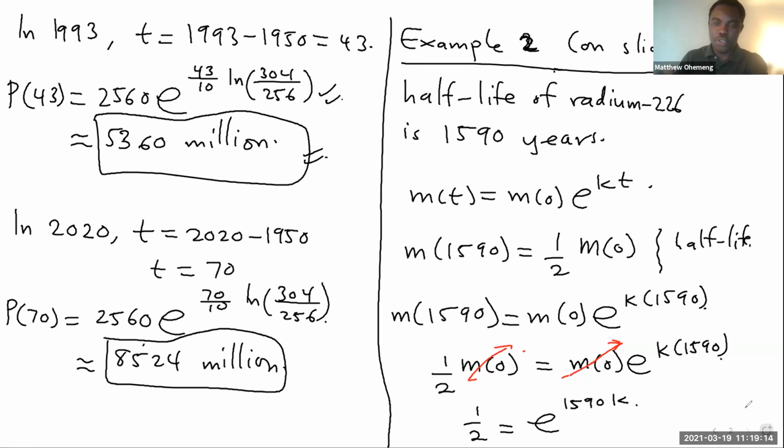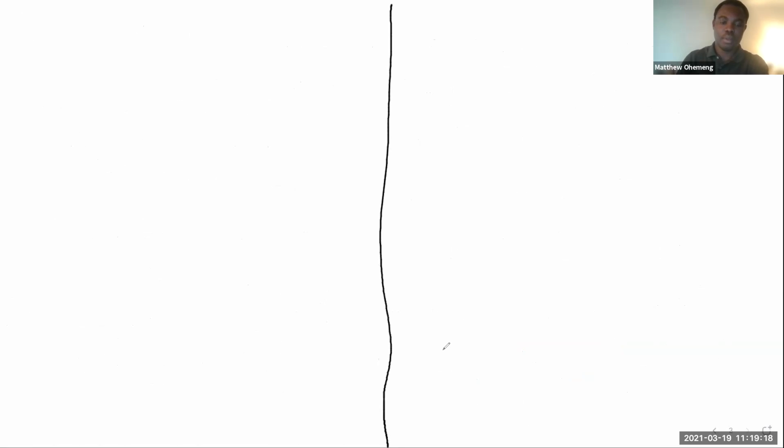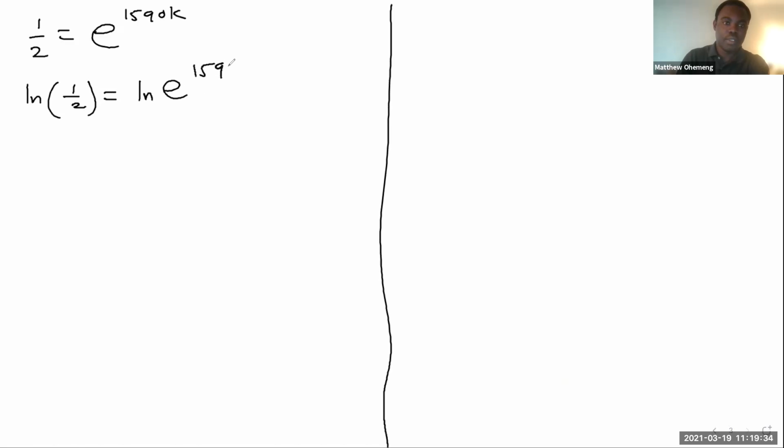Okay, so moving on, that means we have half equals e to the 1590k. To solve for k, first take the natural log of both sides. So you have ln of 1/2 equals ln of e to the 1590k.